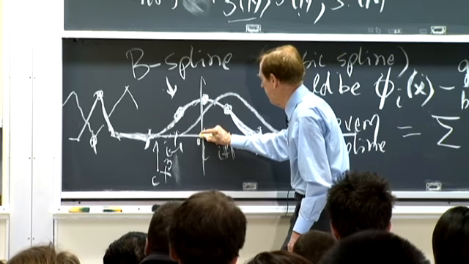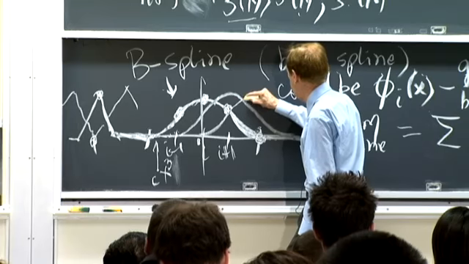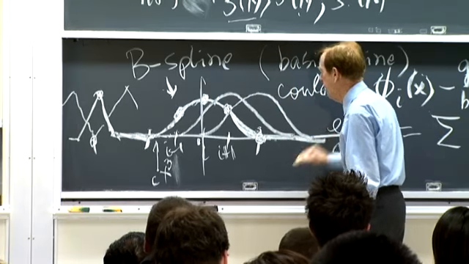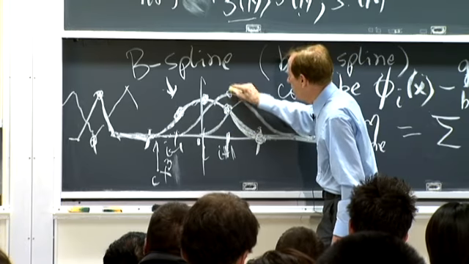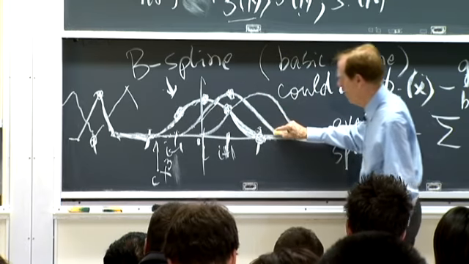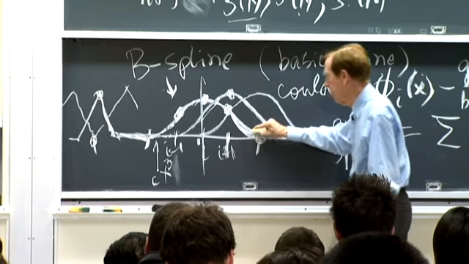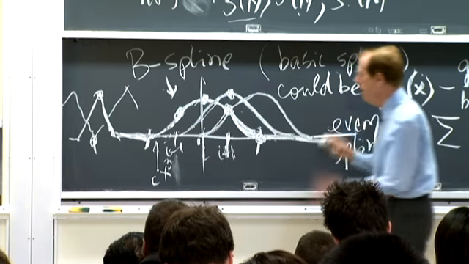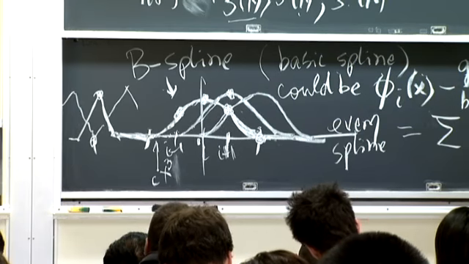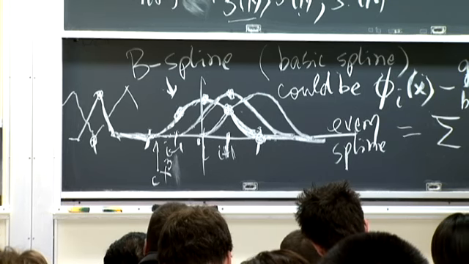There'll be the B-spline starting from here, going up, down, and so on. So at a typical node, I'm getting the one centered at that node, and also the one to the left, which is on its way down, and also the one to the right, which is on its way up. In other words, it's not as local as the other construction.